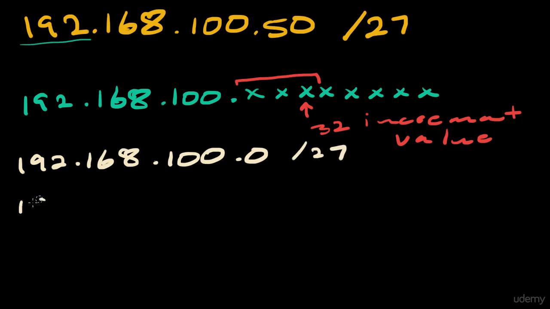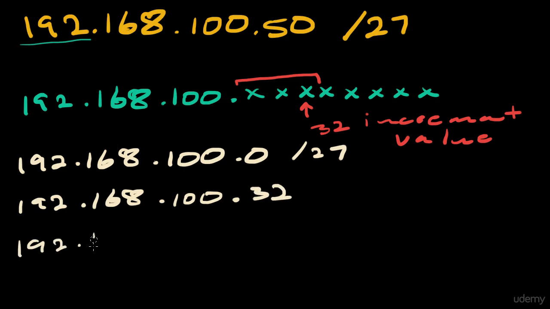The next one was 192.168.100.32. And the next one was 192.168.100.64. The IP in question is .50. .50 is in between 32 and 64.